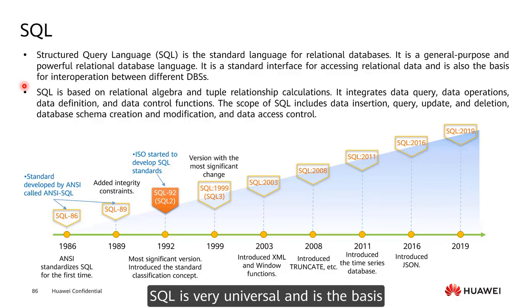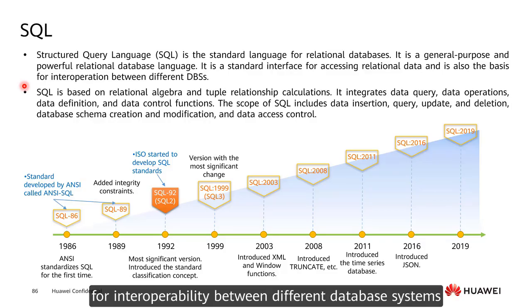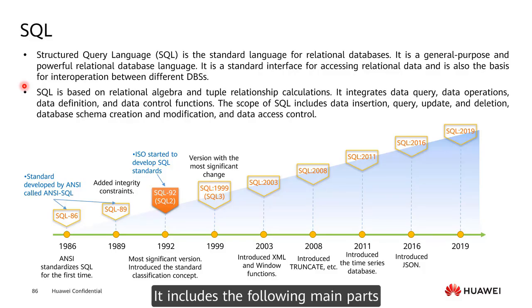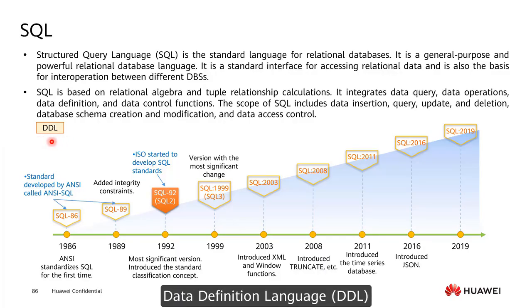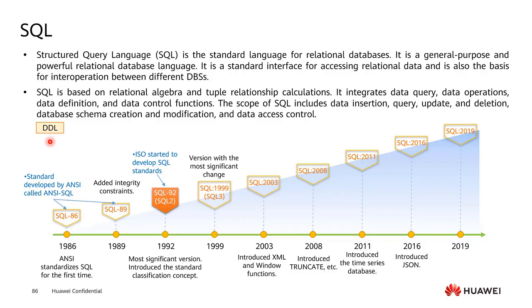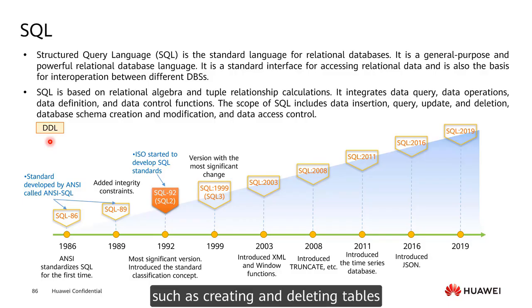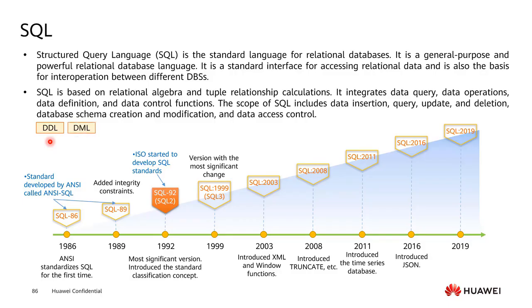SQL is very universal and is the basis for interoperability between different database systems. It includes the following main parts. First one, Data Definition Language, DDL for short, used to define the structure of a database, such as creating and deleting tables.